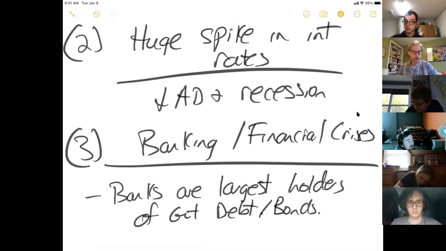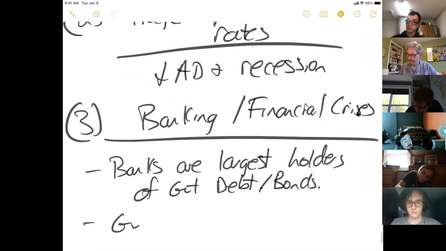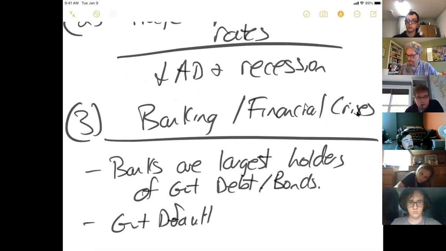Right? Banks hold lots of government bonds. And so what happens if the government defaults on their bonds? So do the banks.